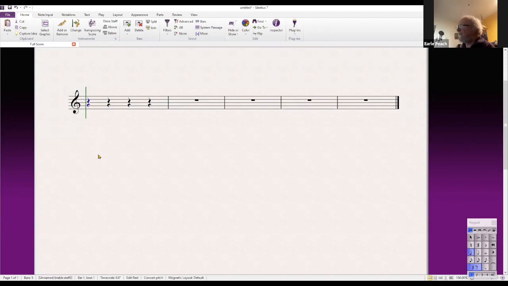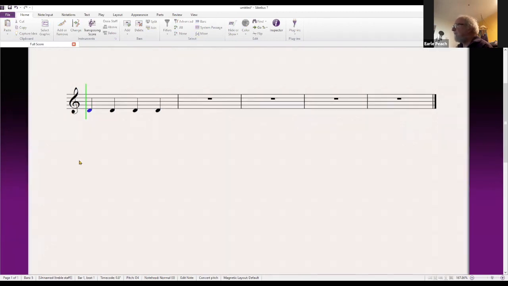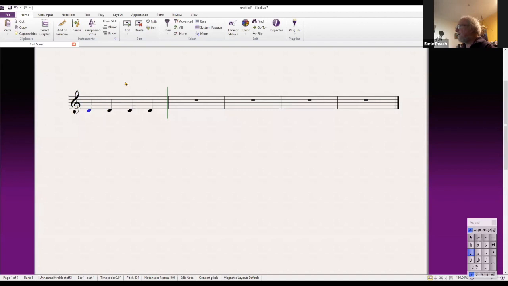And if you replace the rest with a note, that's a quarter note, right? If you have 4 of them, then you have filled up your bar. And it sounds like this. And then you have divided this bar into 4 parts.